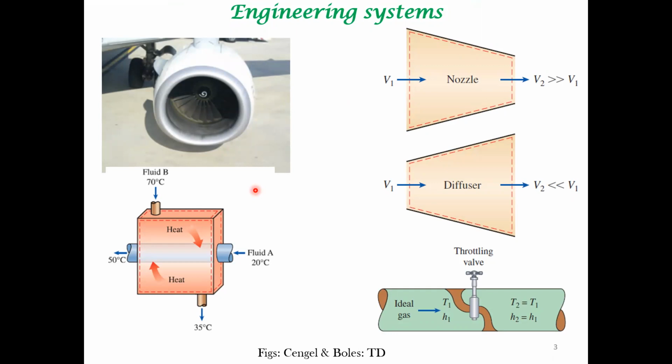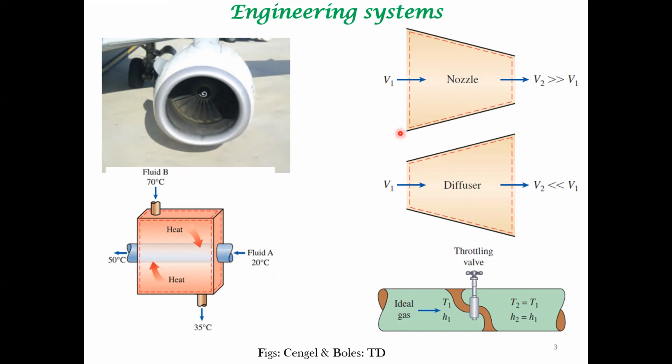However, most of the engineering systems are not closed systems. For example, this is part of an airplane, and this is a heat exchanger where fluids come in and go out at a different temperature, and heat is transferred to heat up this fluid.